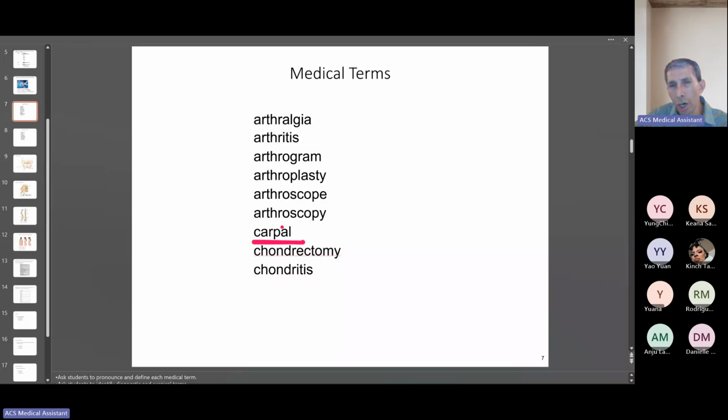Carpal, remember carp, al is the suffix. Carp are the bones of the wrist. This is the word root, carpal. Remember that we have carpal tunnel syndrome, which is a problem with some of the ligaments that pass through the space between the wrist and the bones of the lower arm.